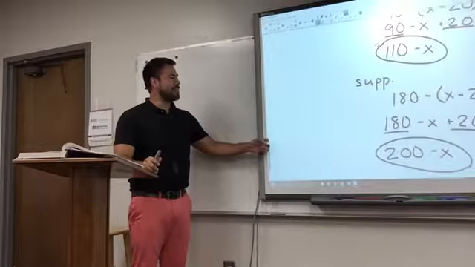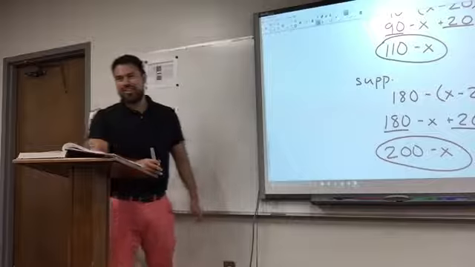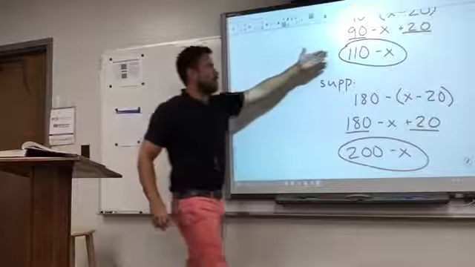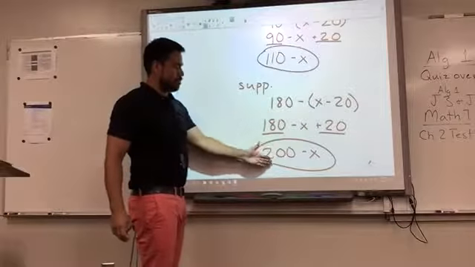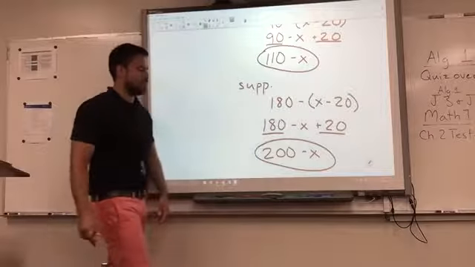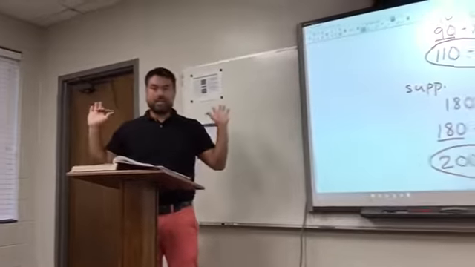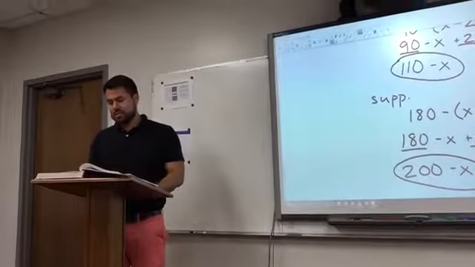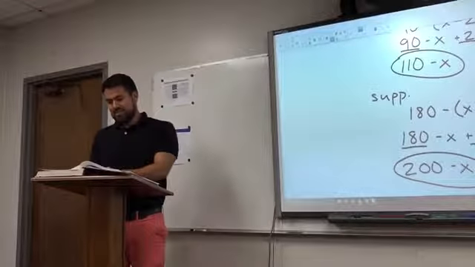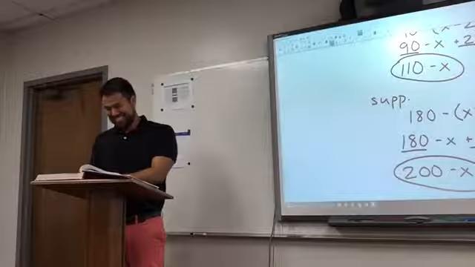Oh, man, what's the difference between the two? 90. Look at that. 110 plus 90, or 200 minus 90. So that means x is 20? I don't know what x is. It could be anything.